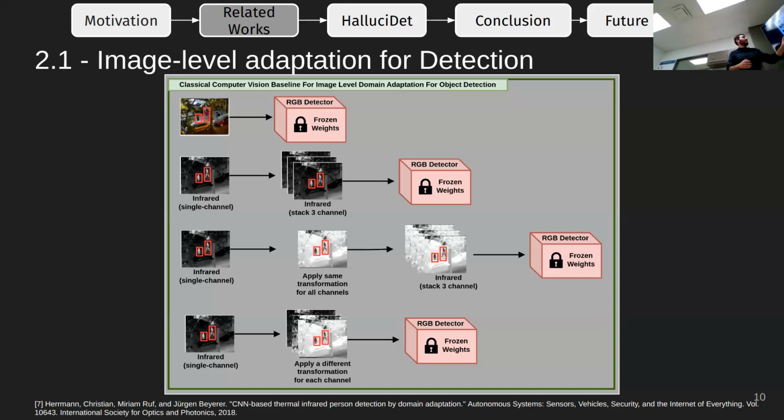They use a frozen detector to see if they can get some detections, and they also try to fine-tune the detector, and they saw that with this kind of approach, just inverting the pixels was a simple baseline to do the adaptation of this model.